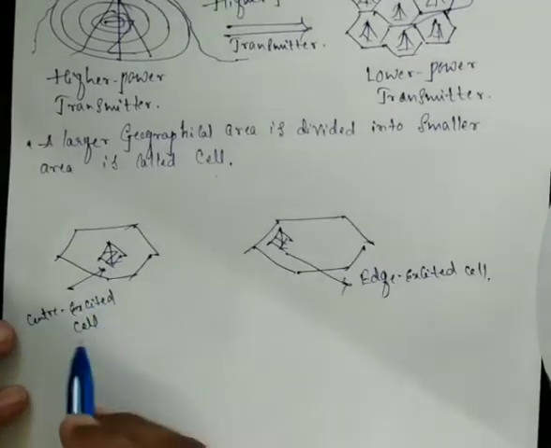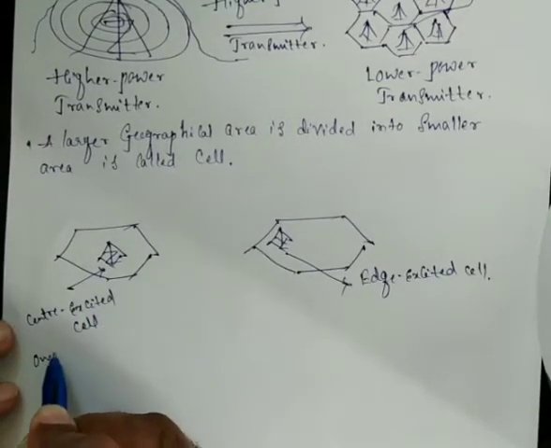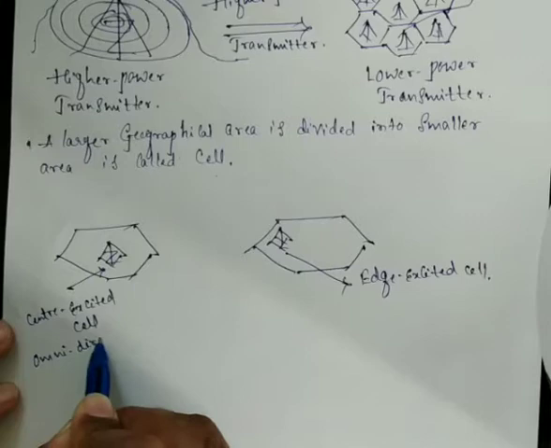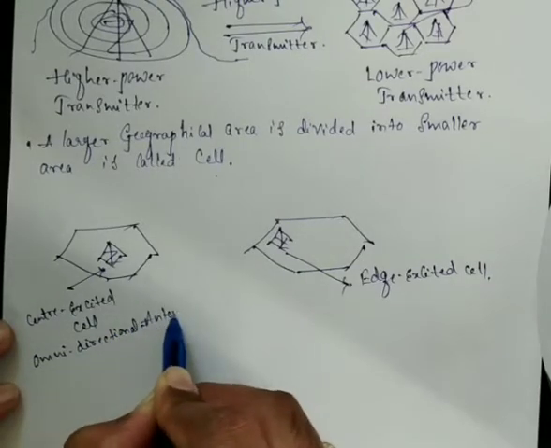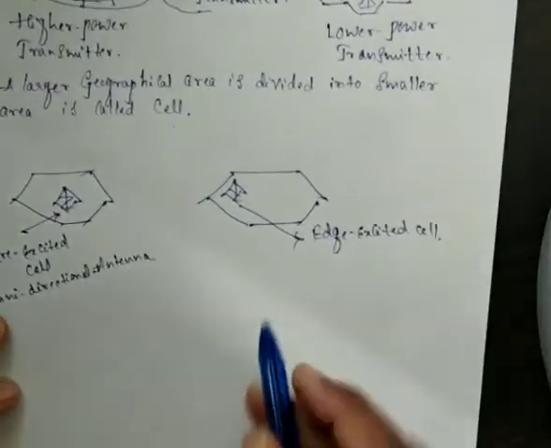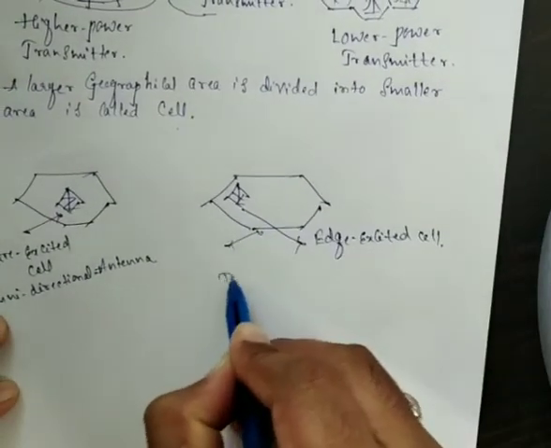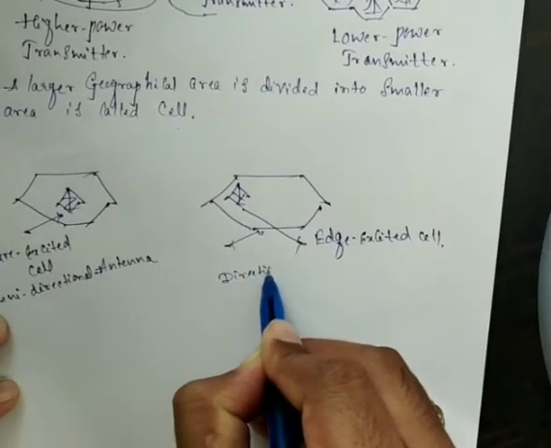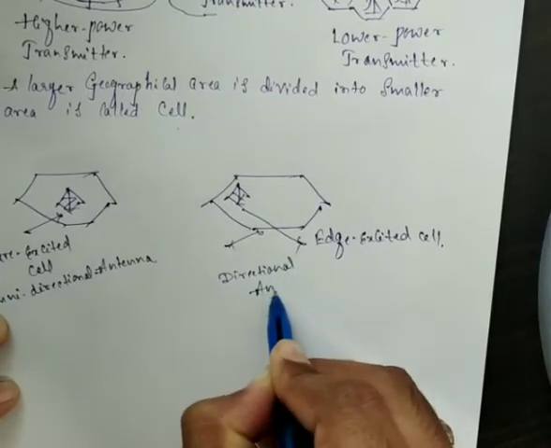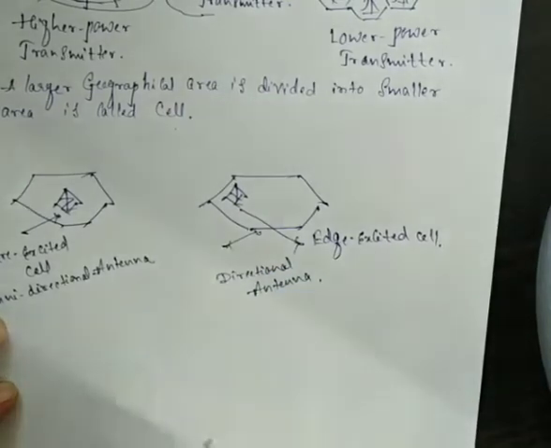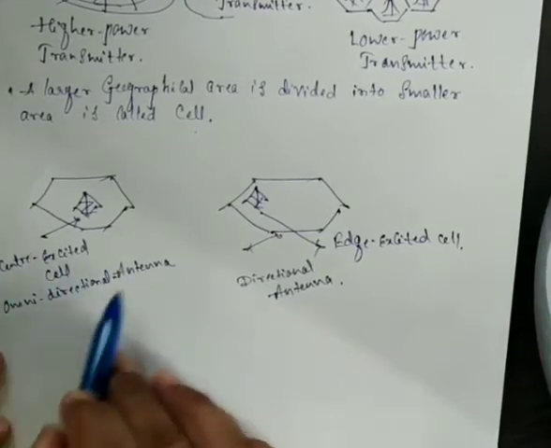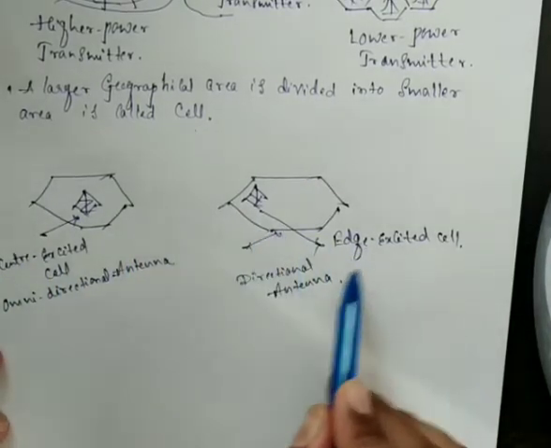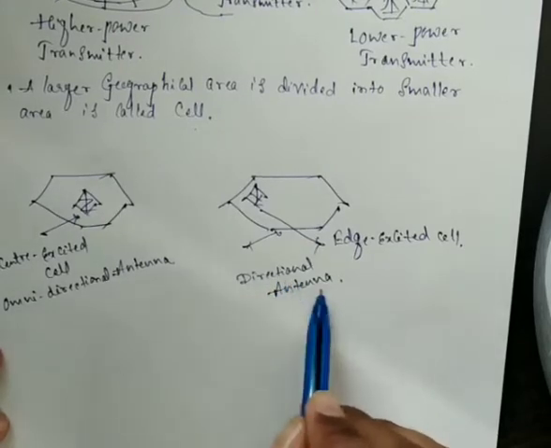The center excited cell uses an omnidirectional antenna, and the edge excited cell uses a directional antenna.